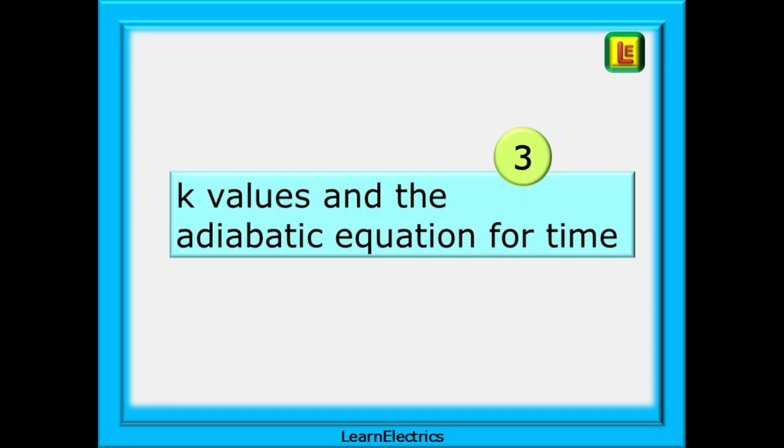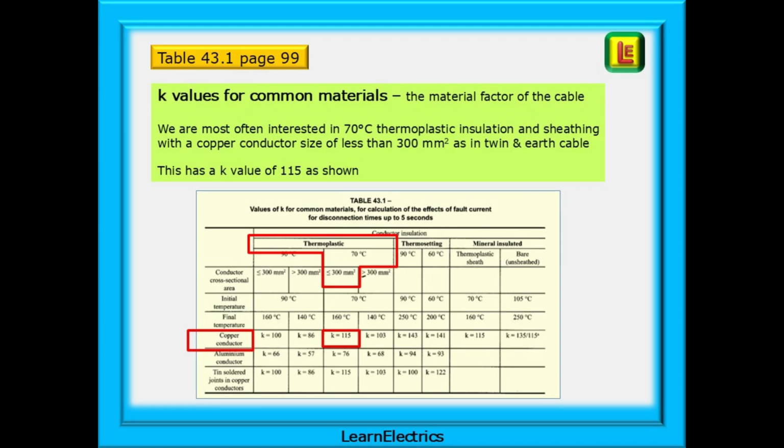Moving on to table 3, we have K values and the adiabatic equation for time. K is a factor for how fault currents affect certain common materials. It is the material factor of the cable. We are most often interested in 70 degrees Celsius thermoplastic insulation and sheathing with a copper conductor size of less than 300 square millimeters, as in twin and earth cable.